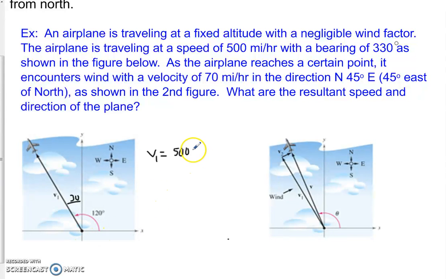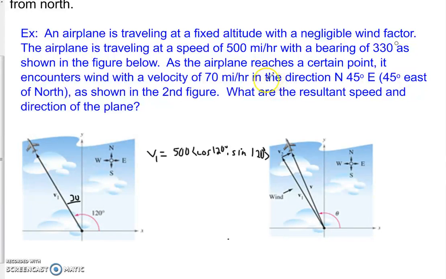So it's going to be times the cosine of 120 degrees and the sine of 120. So there's my vector representing the plane, and that's just flying off.